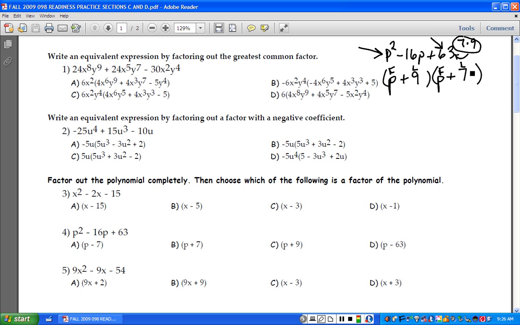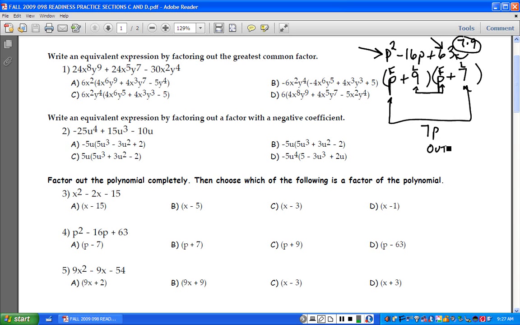What we're checking for is to see if the outside and inside combine to give us this negative 16p in the middle. So we multiply the outside by the inside. On the outside, p times a positive 7 is 7p.